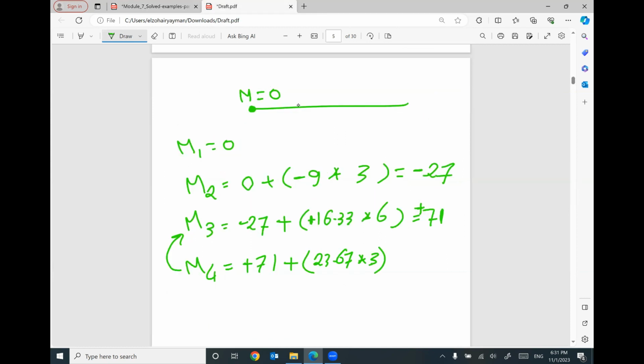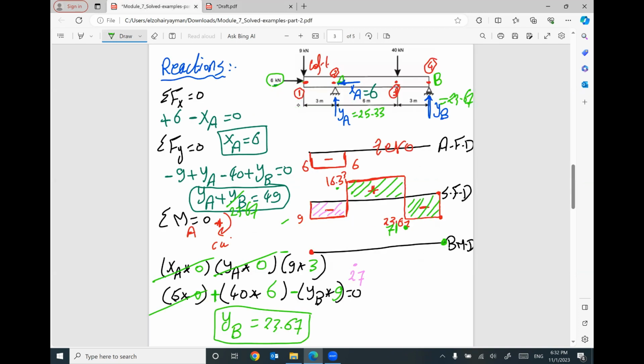That makes sense. So your value will be negative. This rectangle is negative. 0. So your final value by the end of the beam will be 0.